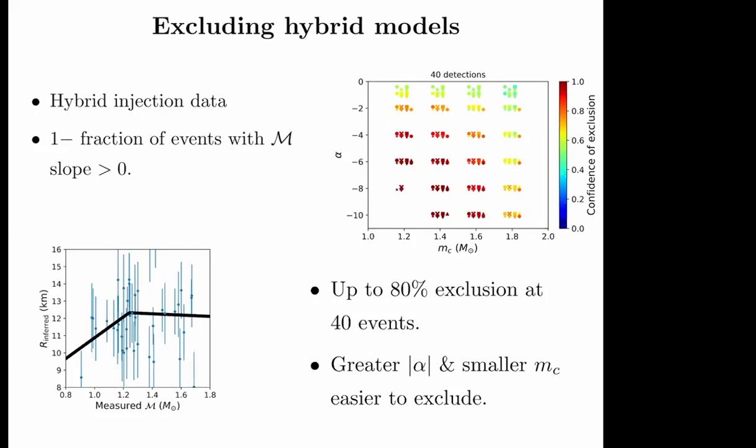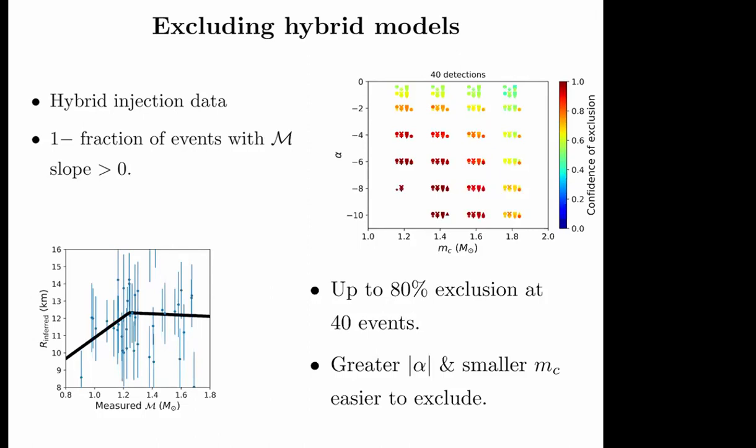And so this plot here was generated with 40 detections, which is not that much. That's roughly how much LIGO is expected to observe per year, 40 mergers or so. Maybe it'll be 20, maybe it'll be more, but it's roughly how much you expect it to observe in a year.